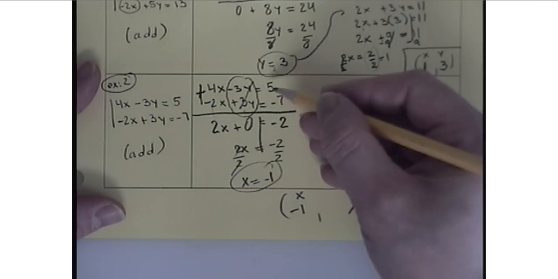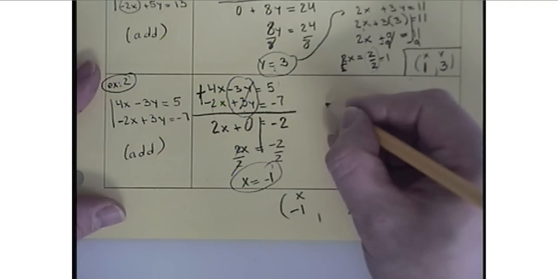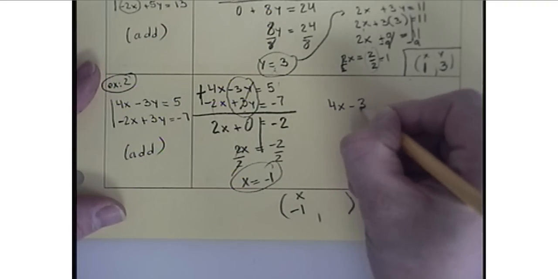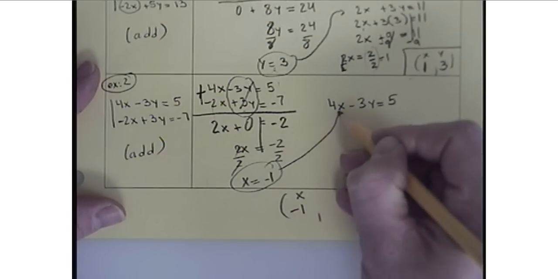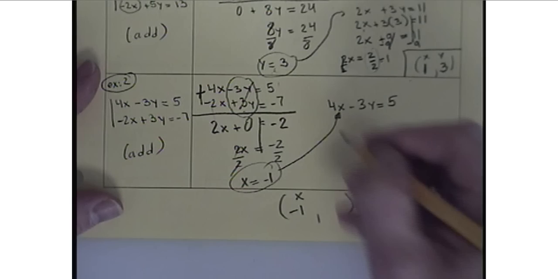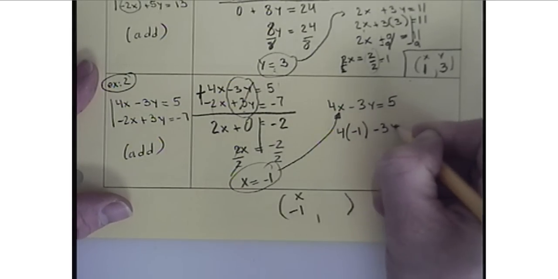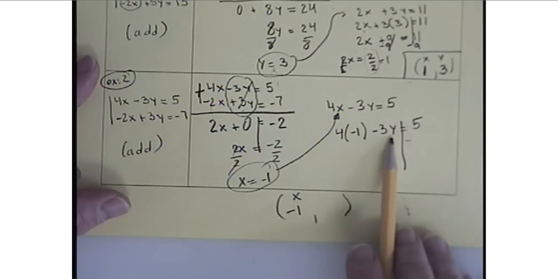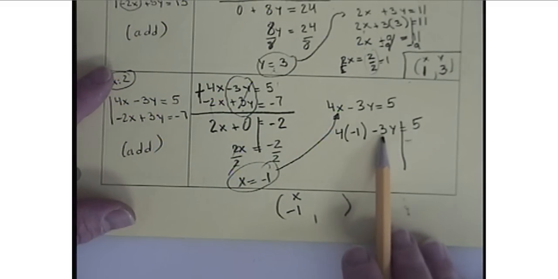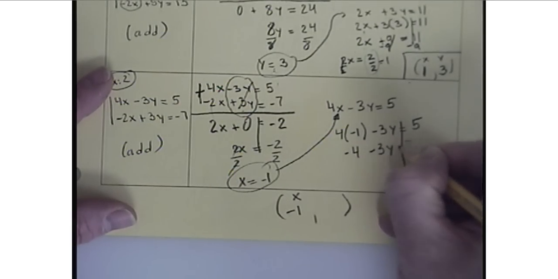Then we'll pick one of those two equations. Let's say the first equation, easy to remember, 4x minus 3y equals 5. We're going to substitute this x right here, so 4 times negative 1 minus 3y equals 5. Once we substitute, we will have only one unknown variable, and we're solving the equation for that variable. 4 times negative 1 is negative 4, minus 3y equals 5.